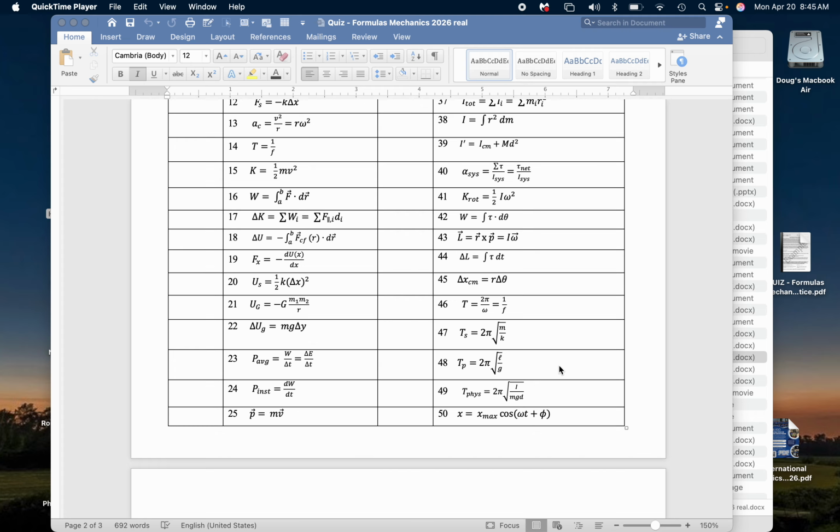Essentially, that's a little different than number 48 because the mass isn't all located at the bottom. So instead of the length of the whole pendulum, you're looking at the distance to where the center of mass is located. And number 50 is basically figuring things out when they're rotating or oscillating.